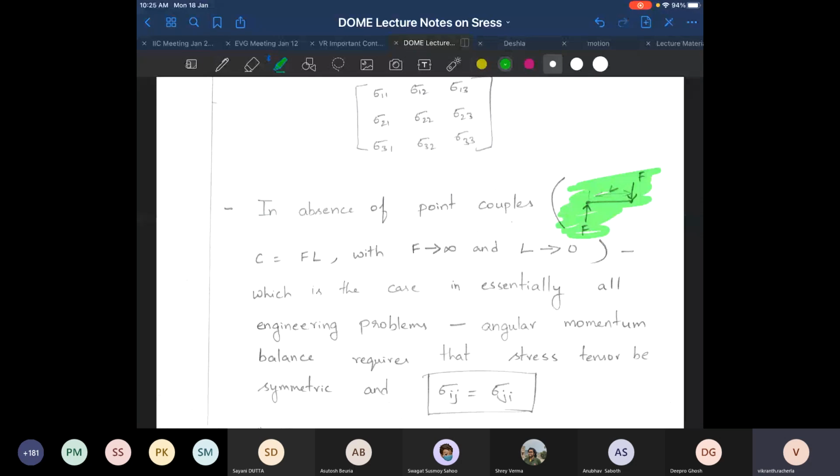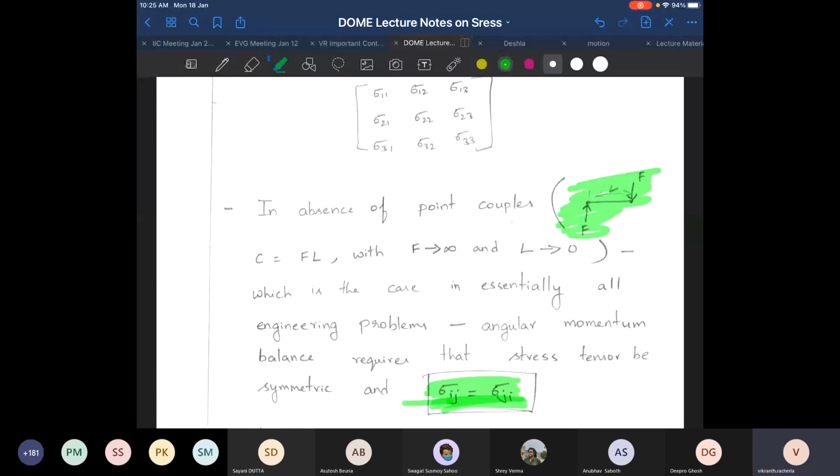So in the absence of such a scenario, you can prove that for any material, any problem, whether it is static or dynamic, regardless of the magnitude of acceleration, sigma ij will be equal to sigma ji. How many moment balance equations do you have?